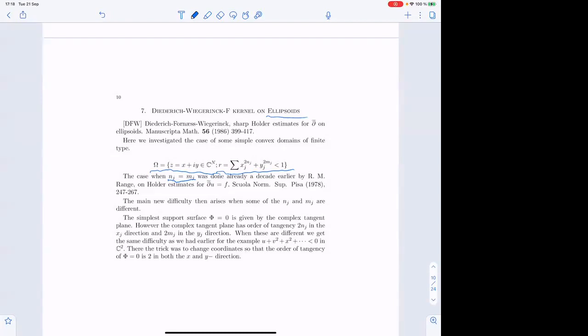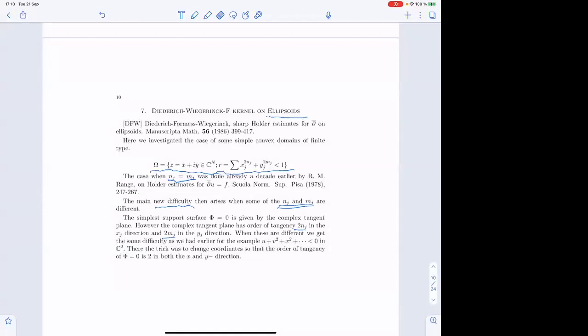And so the main new difficulty is when these are different. Then you have the simplest support surface, phi equals 0, given by the complex tangent plane. However, the complex tangent plane has order of tangency 2mj in the xj direction and 2mj in the yj direction.